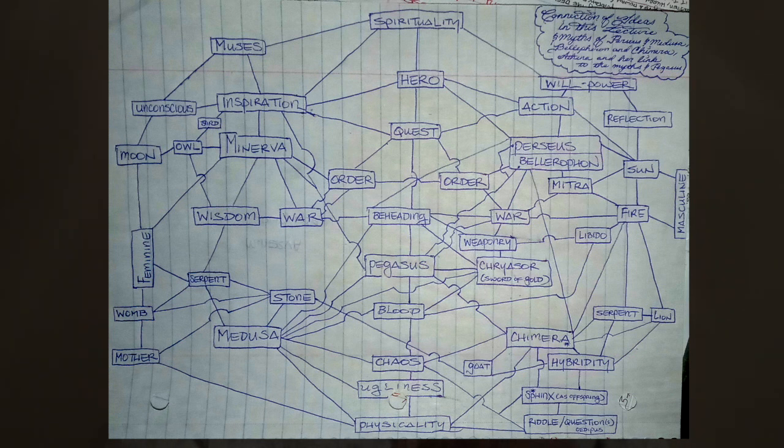But as I was doing all that talking, you should have seen all the connections to this idea as far as the sun, fire, libido, Bellerophon, Perseus, the idea of Pegasus.